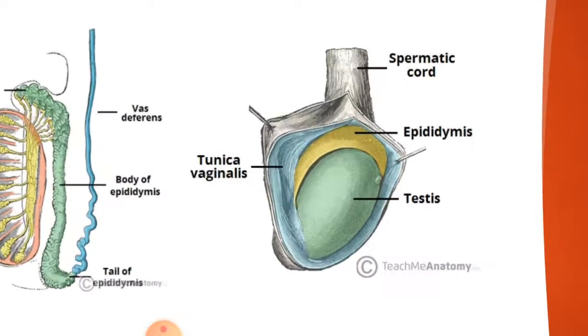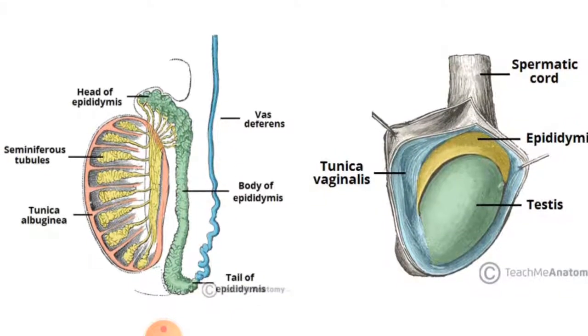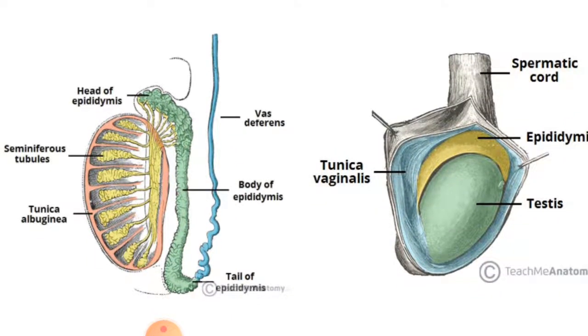Once again, we have talked about the internal structure of the testes, and we have said that there are approximately 200 to 300 lobules in each lobe.